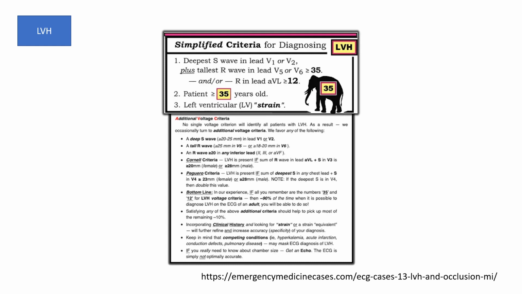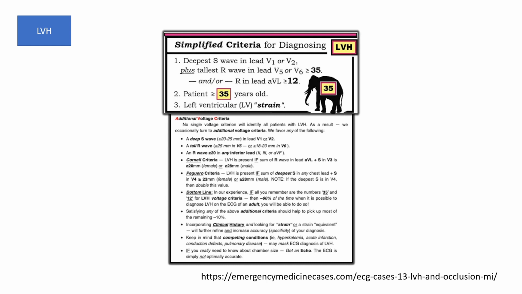The LVH criteria, here it's the Lyon-Sokolow criteria, more than 35 years of age, and I already ran through these. You can look this up on EM Cases for details. They have a great retrospective study there as well that tells us that if the QRS complexes overlap with each other in the precordials, then that's as sensitive as this.